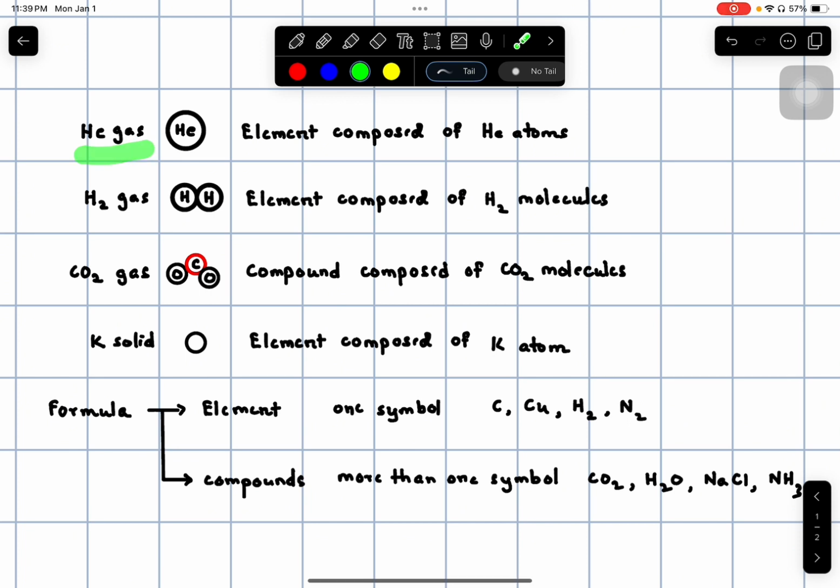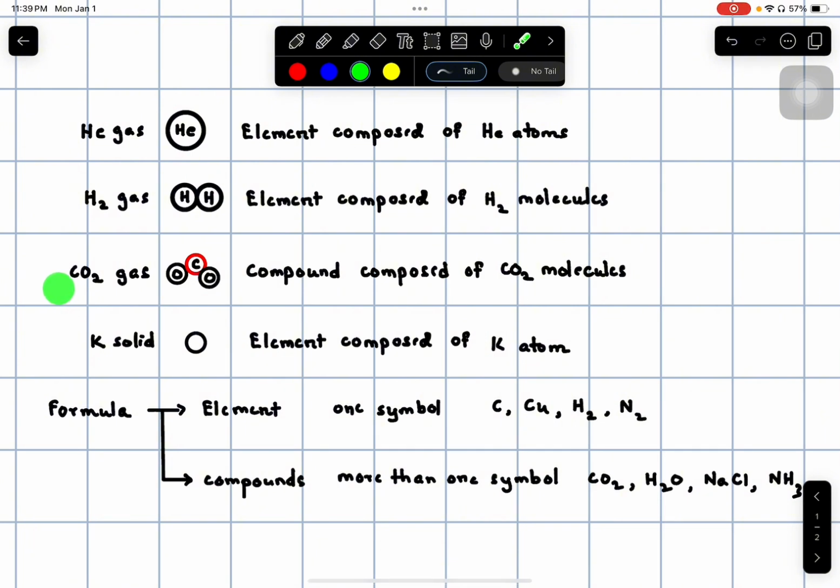The helium gas will be an element which is composed of helium atoms only. Hydrogen gas will be an element which is composed of hydrogen molecules because hydrogen exists as a diatomic molecule.